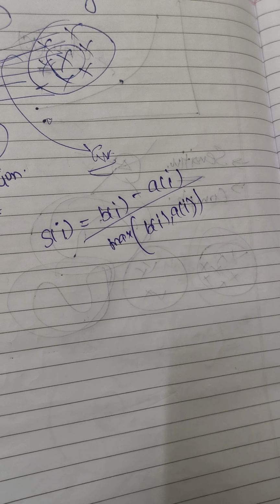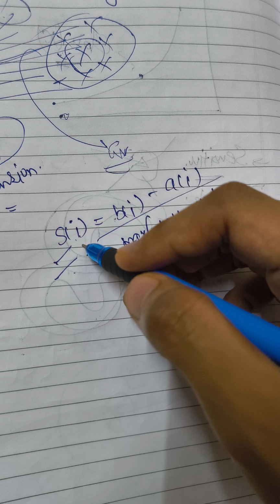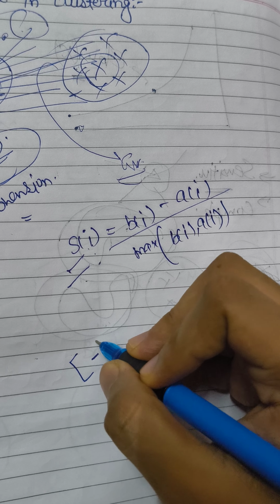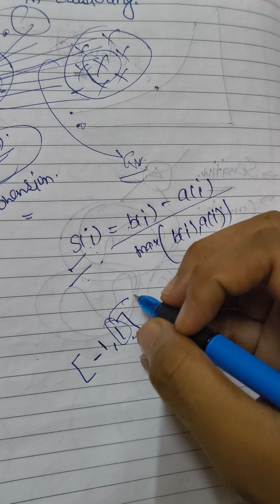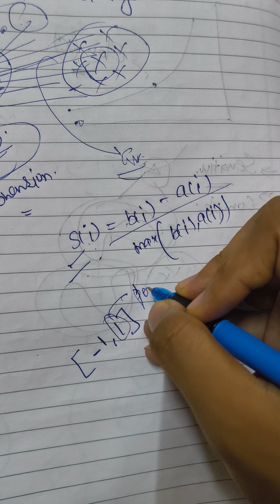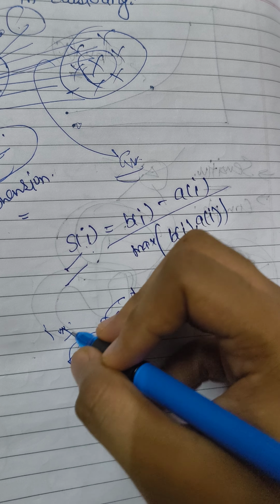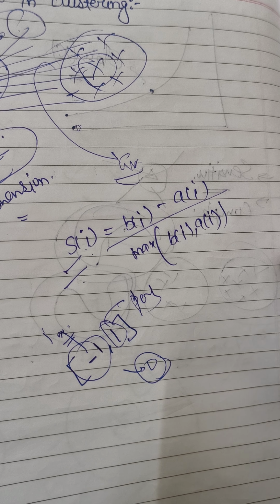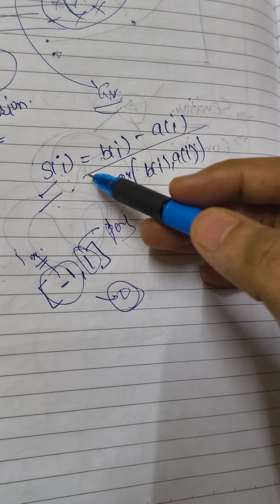This is the Silhouette score for one data point, and it is between -1 to 1. +1 means it is a perfect cluster, -1 means that it is an imperfect cluster or misclassified, and 0 means the data point is on the boundary between the clusters. Now this is for one data point.